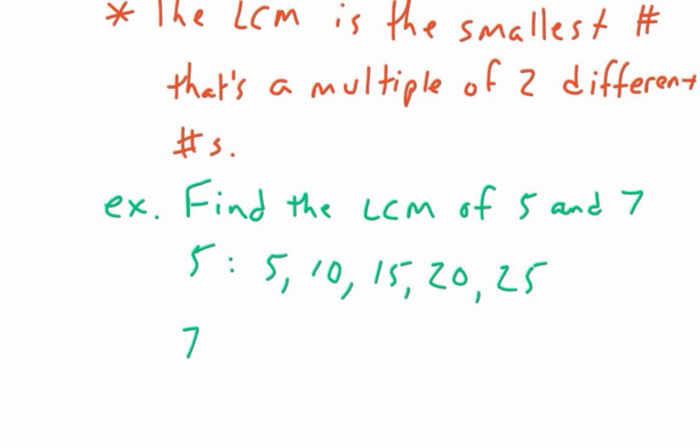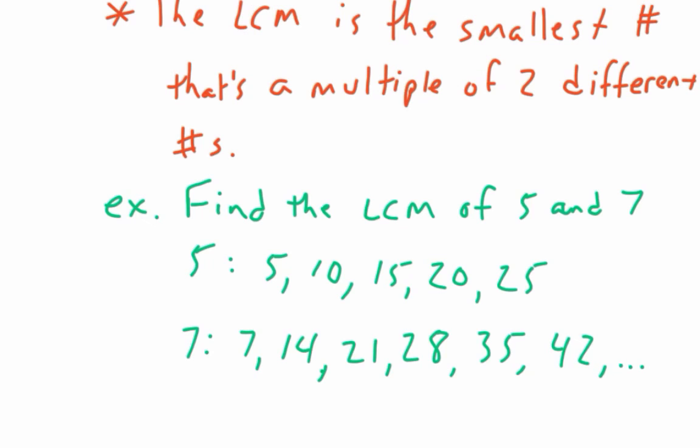For 7 it's going to be 7, 14, 21, 28. We're just really adding 7 every time. So far we don't have any overlapping. Dot, dot, dot. And then, yep, 35 ends in a 5, which now I can't write it because I'm saying it. 35 ends in a 5. And then once you have that, you see, hey, look, it must be a multiple of 5 also because it ends in a 5. Awesome.